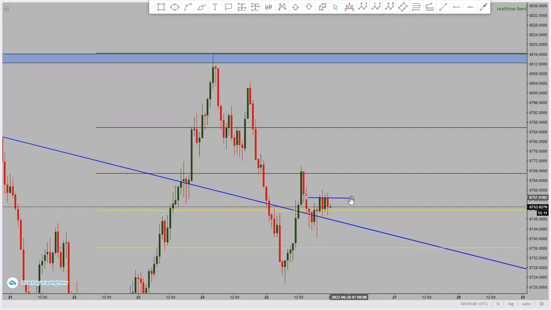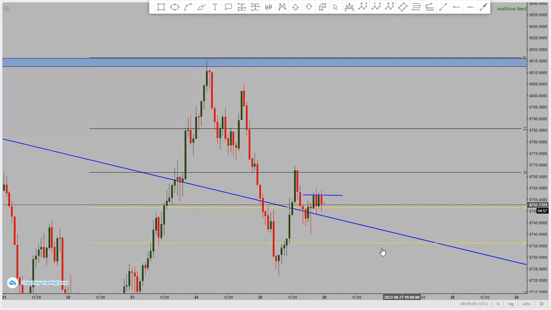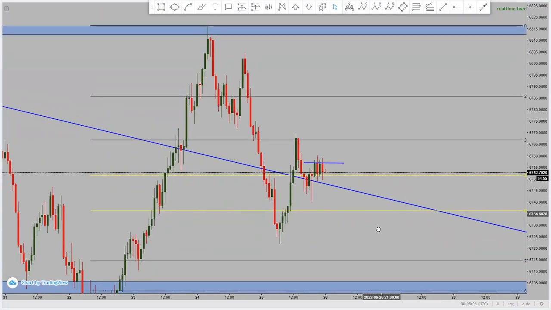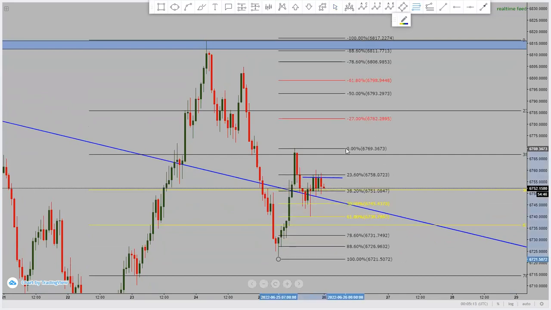This area can also give you the best buying entry point. You can get it using this resistance. So on the 1 hour, someone can even come here and place another Fibonacci.